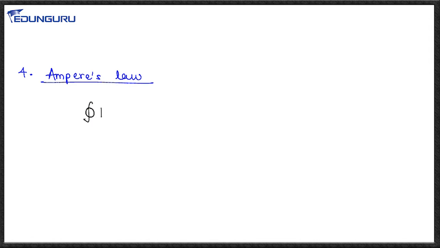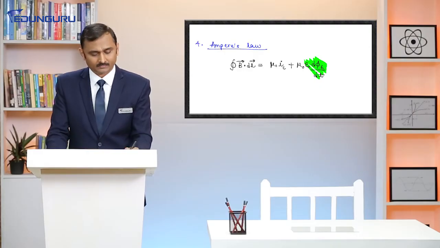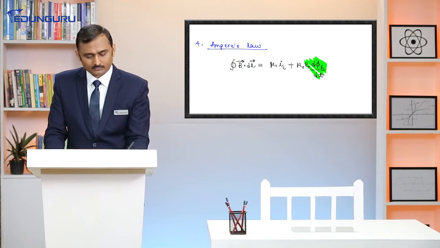The line integral of B dot dl is equal to mu naught IC, this is the conduction current, that is because of the flow of charges, plus mu naught epsilon naught d phi E by dt. We have already learnt about this, this is the displacement current ID. So this is the Ampere circuital law.